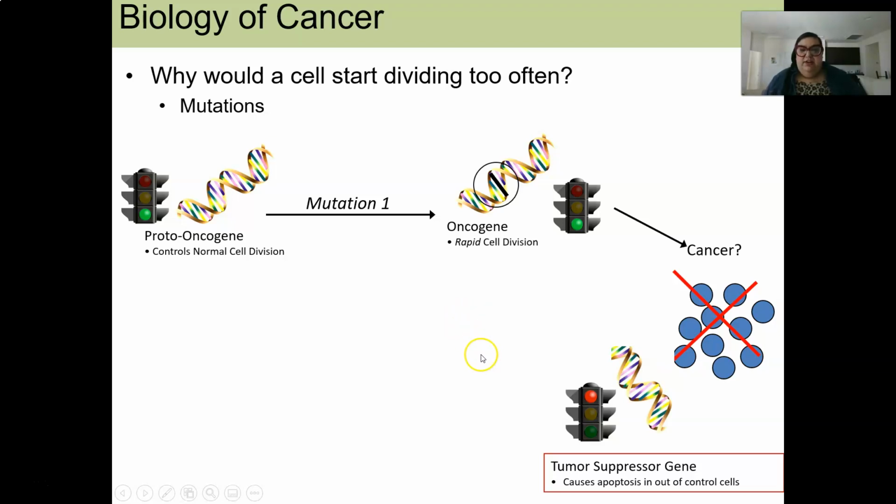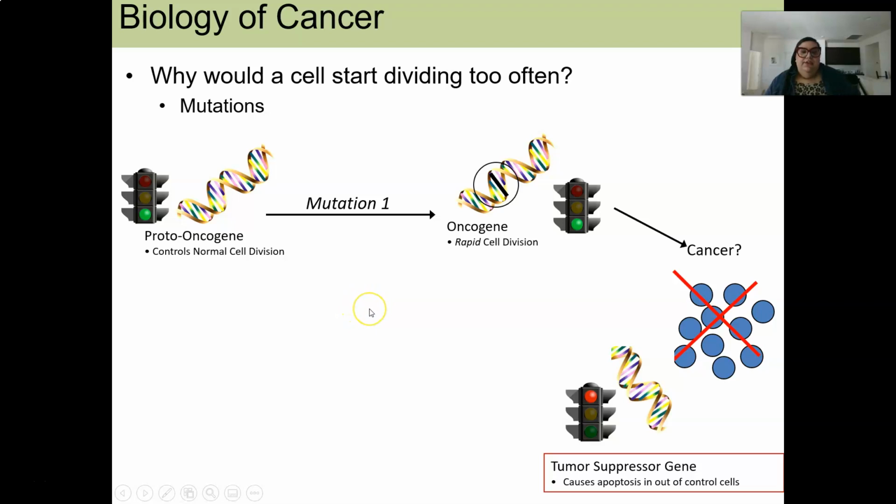So we have backup. And so if you only have one mutation from smoking, you have a backup. You have a tumor suppressor gene that backs up and turns that off and says, okay, cancer, stop. We're going to stop that cell division. It's in that second mutation.